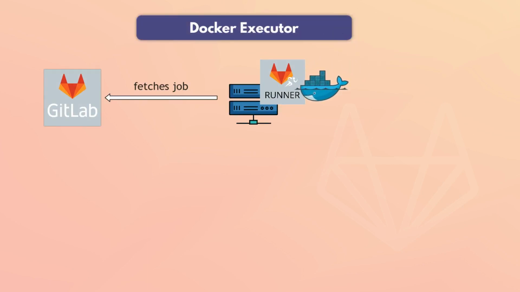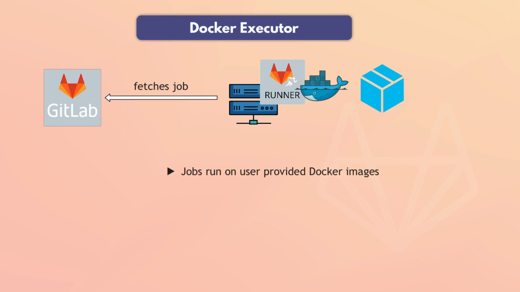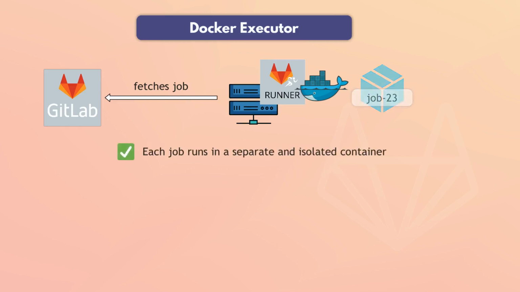So this is basically executing the jobs not directly on the shell of the operating system, but inside a Docker container. So on the server of the runner, a fresh new Docker container is created to run the job. So for each job, a completely new, fresh Docker container is created. Once the job is done, the container gets removed, and that's it.